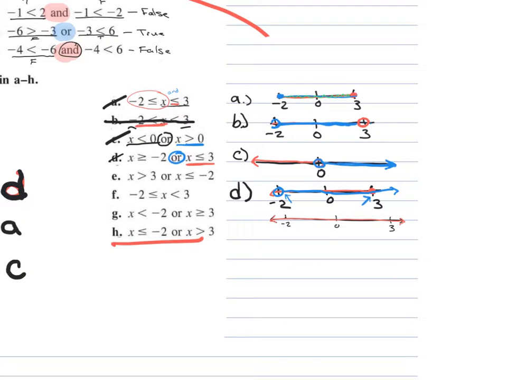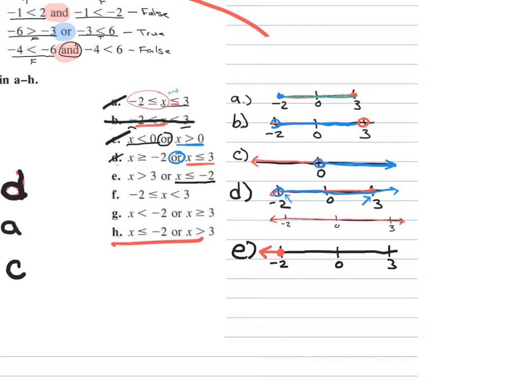All right, so now we get E. Here's 0, here's 3, here's -2, because we keep using those same numbers. X is less than or equal to -2. How do I do that? Closed circle at -2, going to the left.